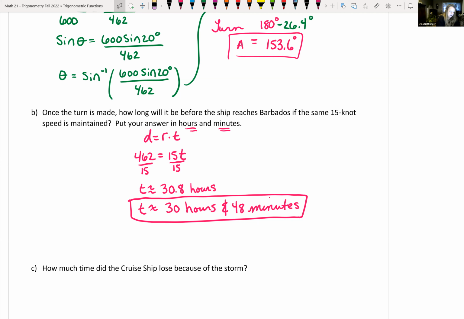So because of the storm, the trip took that initial 10 hours plus that 30 hours and 48 minutes. Or it took us 40 hours and 48 minutes.